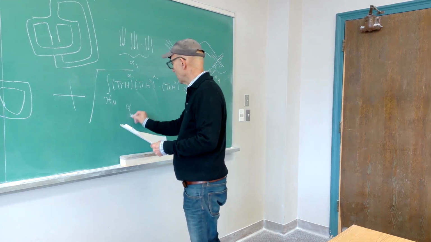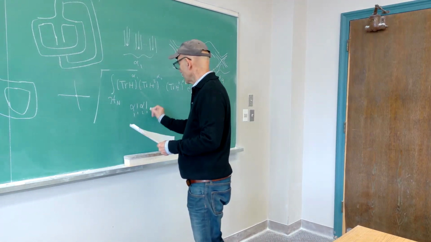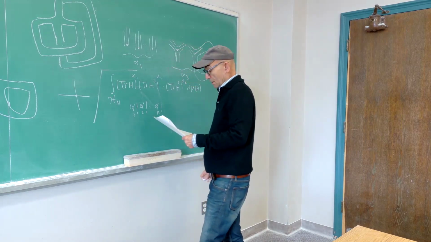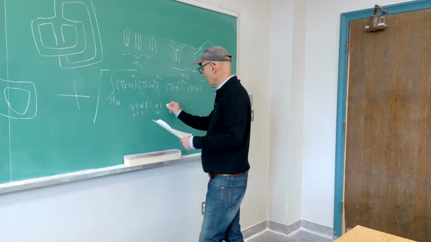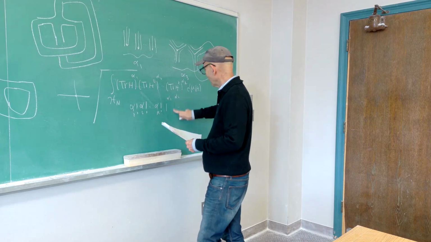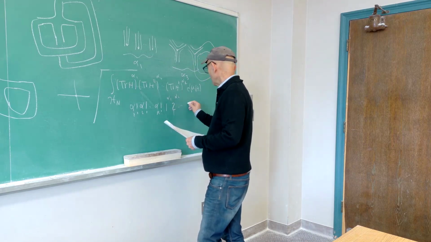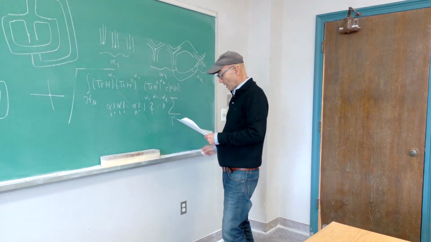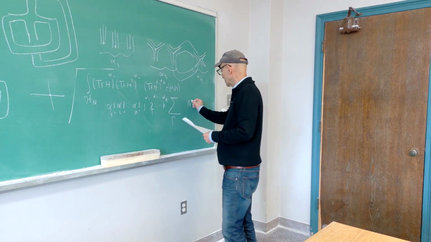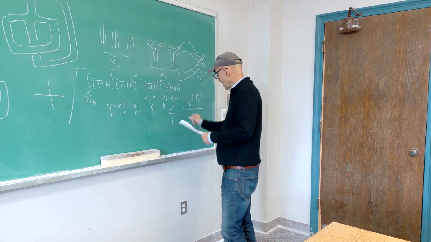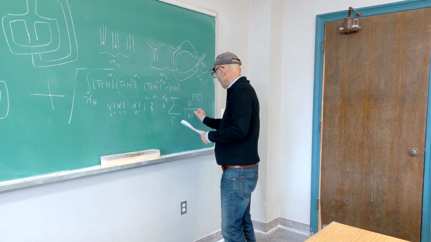There is alpha 1 factorial, alpha 2 factorial, alpha k factorial, and then 1 to the power alpha 1, 2 to the power alpha 2, up to k to the power alpha k, and then there is the sum over gamma of n to the power f of gamma over the order of the automorphism.